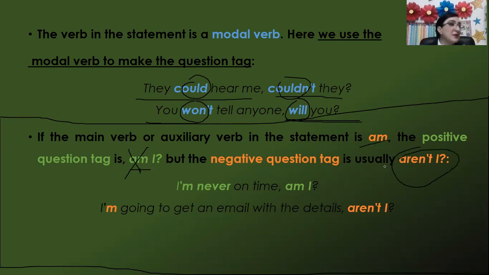Yes, I know that maybe you are saying, no, come on, but the verb to be is unique. Remember, I am, you are, she is, he, it is, we are, they are. Yes, but here we are going to have this exception. Do you remember, for example, when we were talking about conditionals?